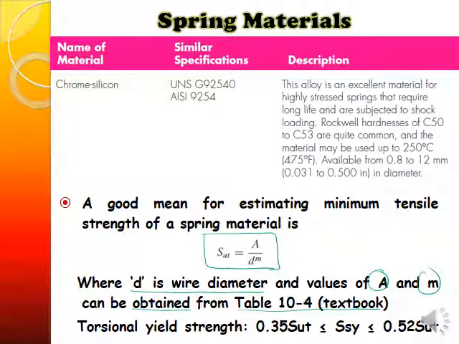They are given values. I have to make sure which material I'm using. Based on that material, I will see what is the diameter of that wire, and then I will select the diameter. I'll put the diameter over here, put the value of A and M, and I will get my ultimate tensile strength. But this is the minimum tensile strength.